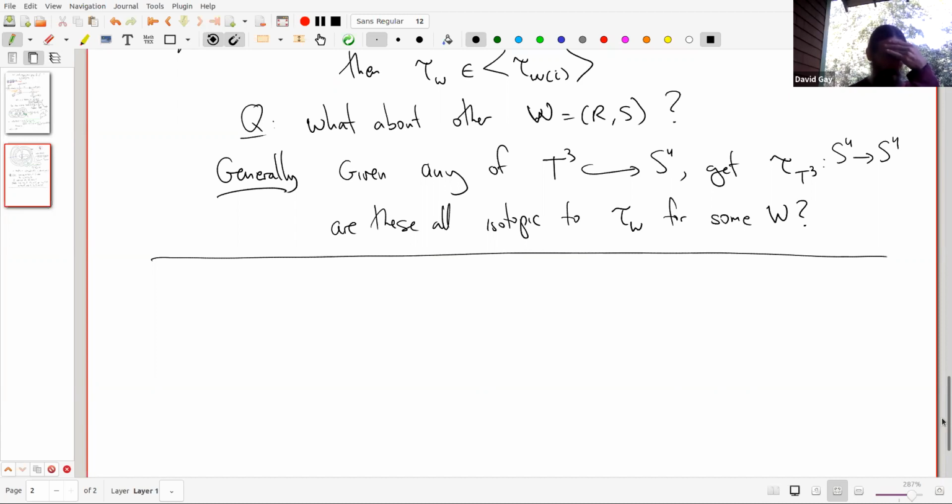Maybe if any of the 3 factors bounds a disk, so if the 3 torus bounds a 2 torus cross disk, then I'm pretty sure you're going to get something isotopic to the identity. There are 3 different ways in which you could bound a 2 torus cross disk, but I think any of them will give you something isotopic to the identity.